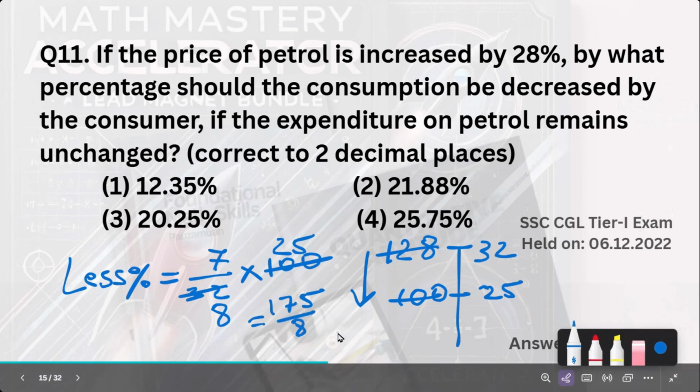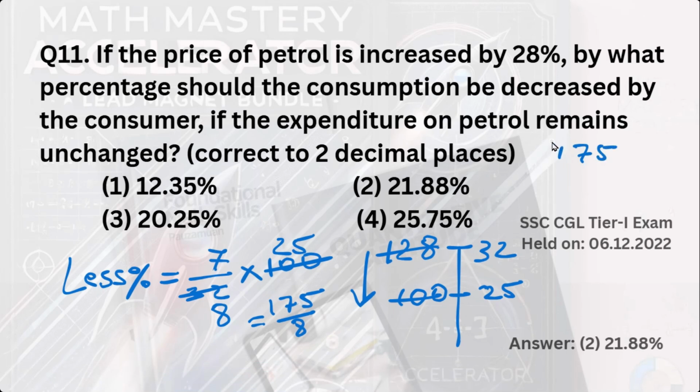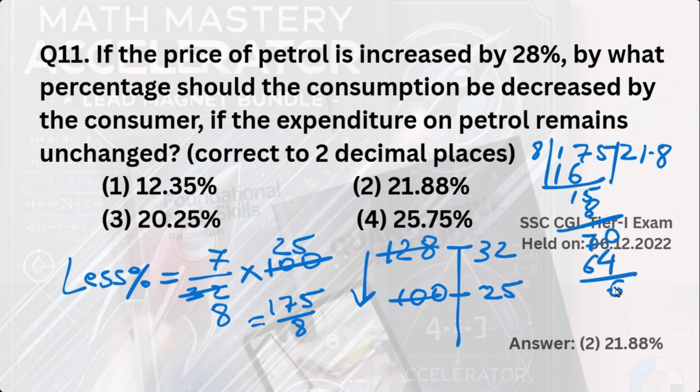So 175 divided by 8. 8 twos are 16. 15 minus 8, 7. 8 eights are 64. The answer is 21.8. Option 2 is the right answer.